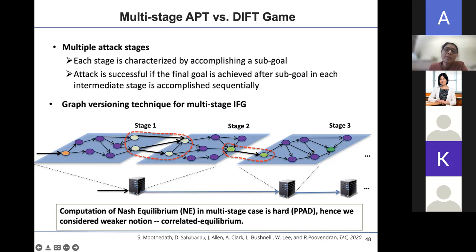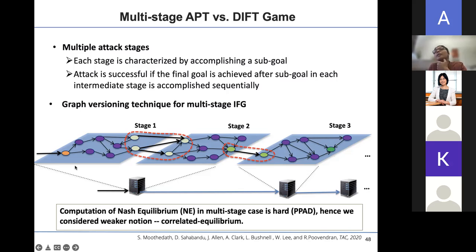So this is what we mean by a multi-stage attack, right? Here, each stage is characterized by its own sub-goal. This is the attack or target nodes in stage 1. The dark green is for stage 2. The even darker green is for stage 3, and so on. So how to construct this stitched IFG could be done using a graph versioning technique.